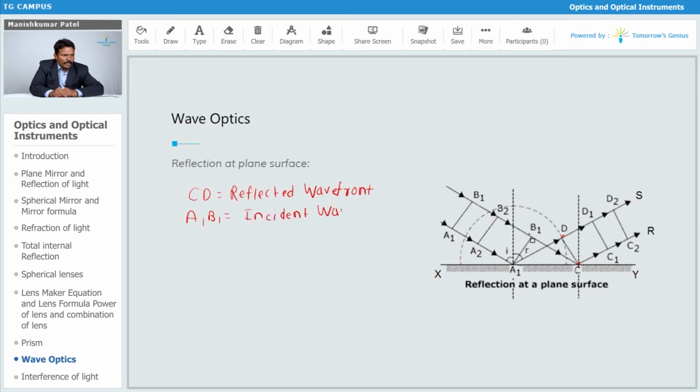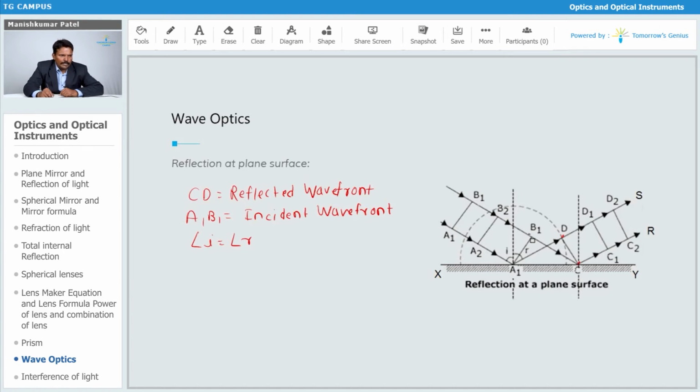Now next, what you can prove is that angle I has to be equal to angle R. You can prove this for this particular case also. Observe these two triangles carefully.